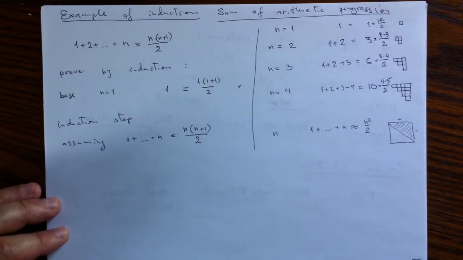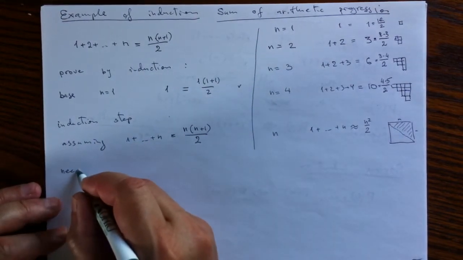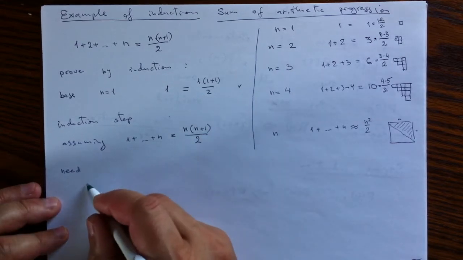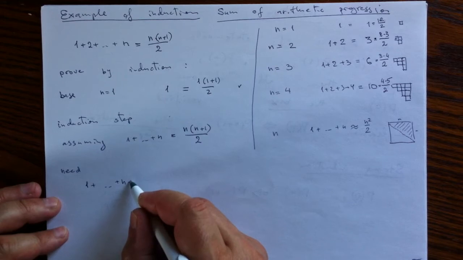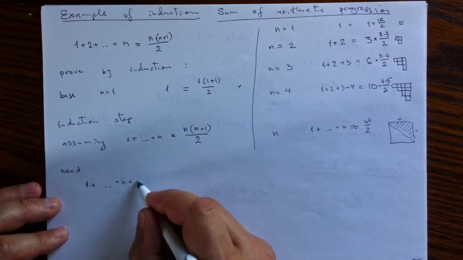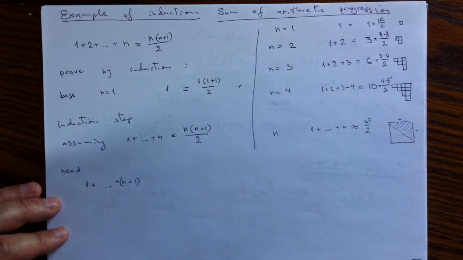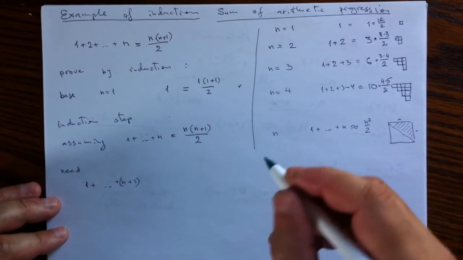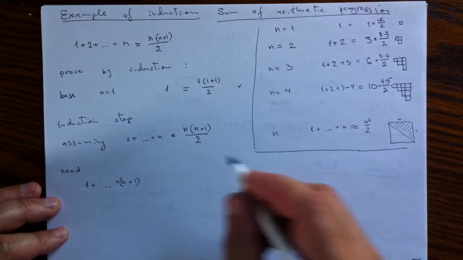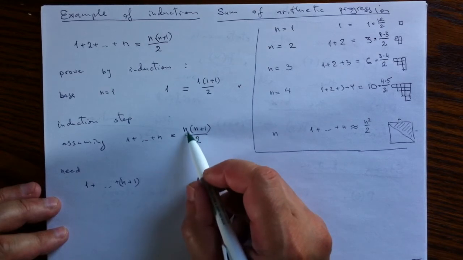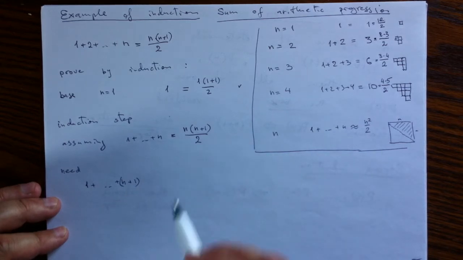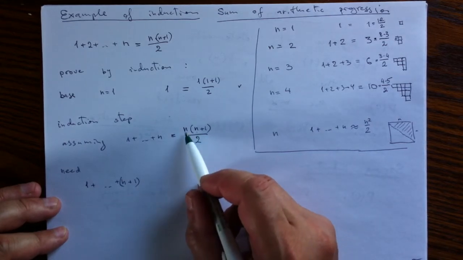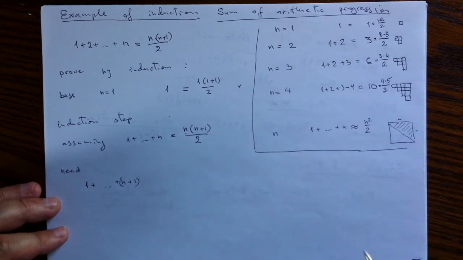Assuming this, I need to see that the sum of the first n plus 1 numbers, so I will write it as such first, should be equal to the answer, but modified for the case where my summands are n plus 1, stopping at n plus 1. So all the instances of n should be replaced by n plus 1.